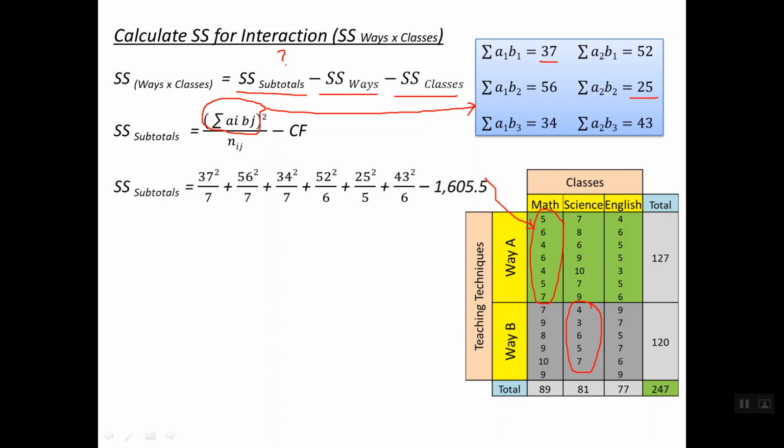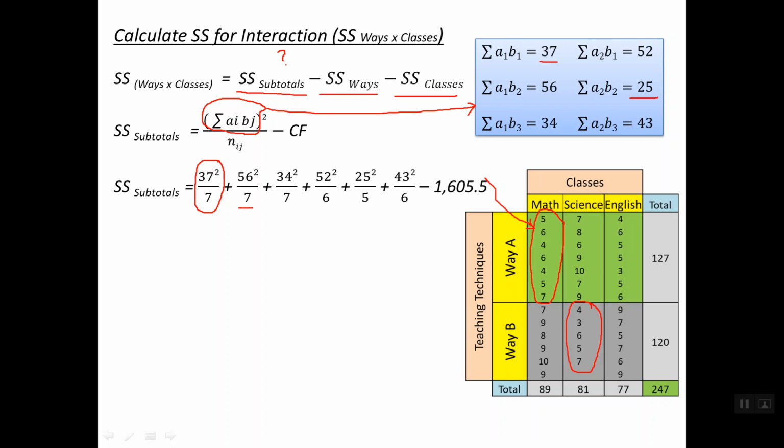So you can simply now substitute for all the 6 groups. For example, this value here is for A1, B1. The total is 37, so we square it, divided by the number of observations, which is 7.